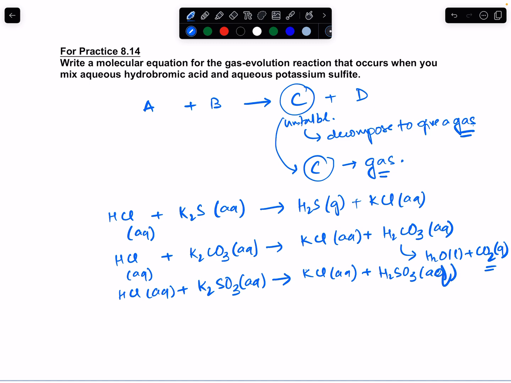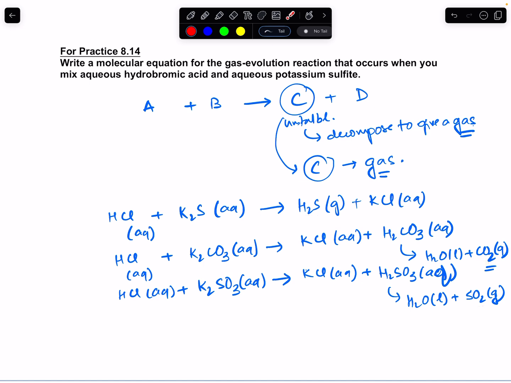And again, as you can see, H2SO3 looks very similar to H2CO3, with the difference being that here it's sulfur instead of a carbon. And this one, again, is very unstable. It decomposes to give you H2O plus SO2, which is a gas. All right, that's the third type. So what did we see? We saw H2S as a gas forming, CO2 as a gas, SO2 as a gas.